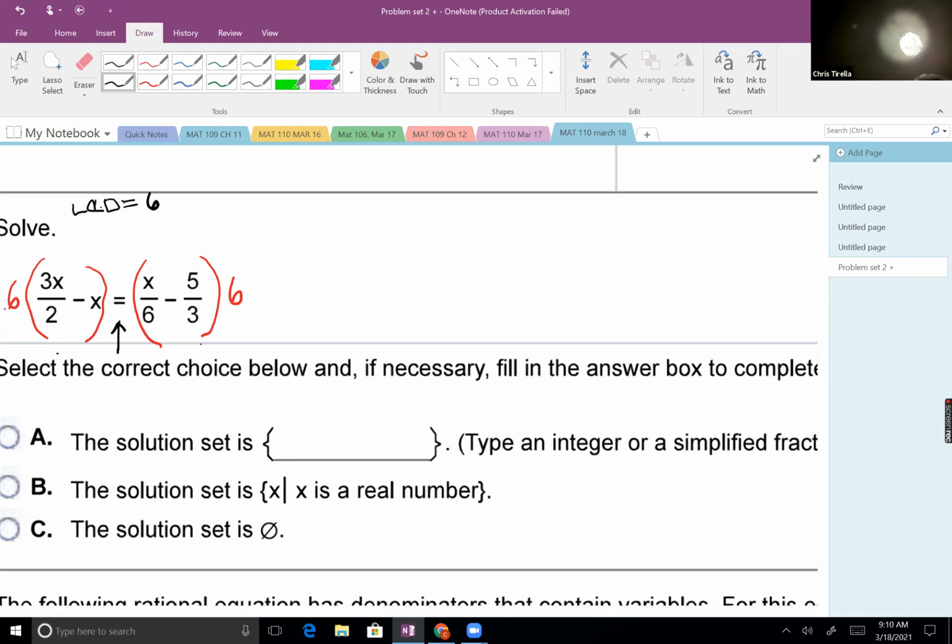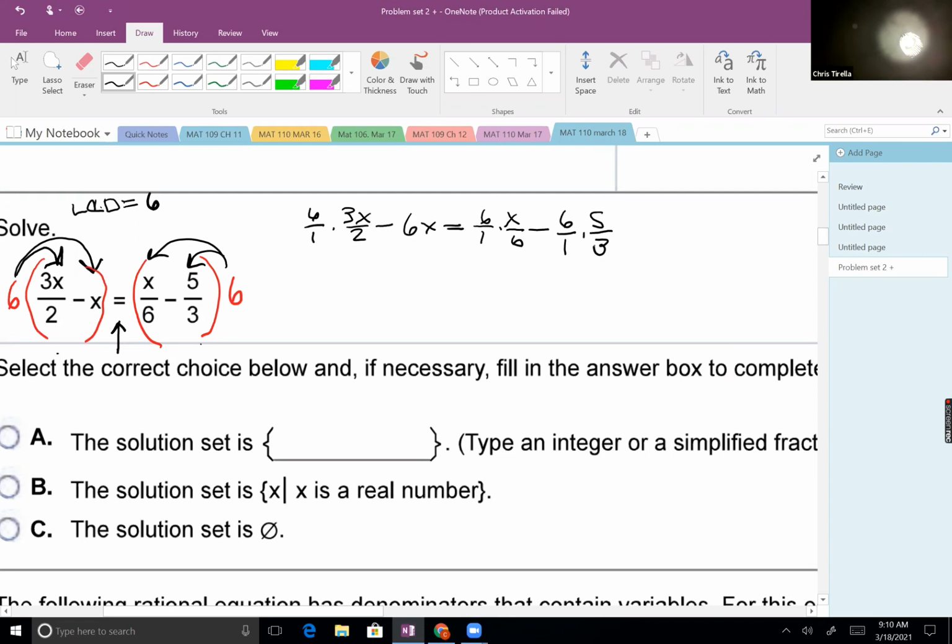This gets to be a little tedious writing because on the left, we need to distribute, giving me 6 over 1 times 3x over 2 minus 6 times x equals, on the other side, when I distribute, I get 6 over 1 times x over 6 minus 6 over 1 times 5 over 3.